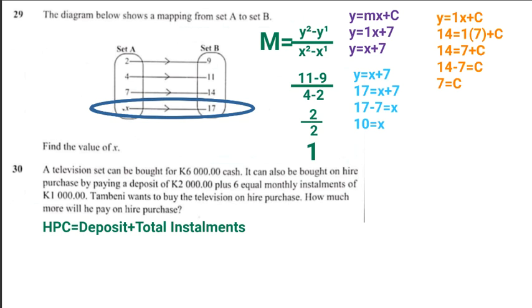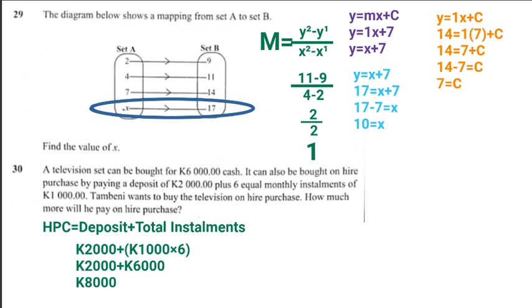We're told that the deposit is 2,000 kwacha, plus 1,000 multiplied by 6 equal monthly installments. So 2,000 kwacha plus 1,000 kwacha times 6, which gives us 6,000 kwacha. 2,000 plus 6,000 kwacha gives us 8,000 kwacha. This is the hire purchase cost.